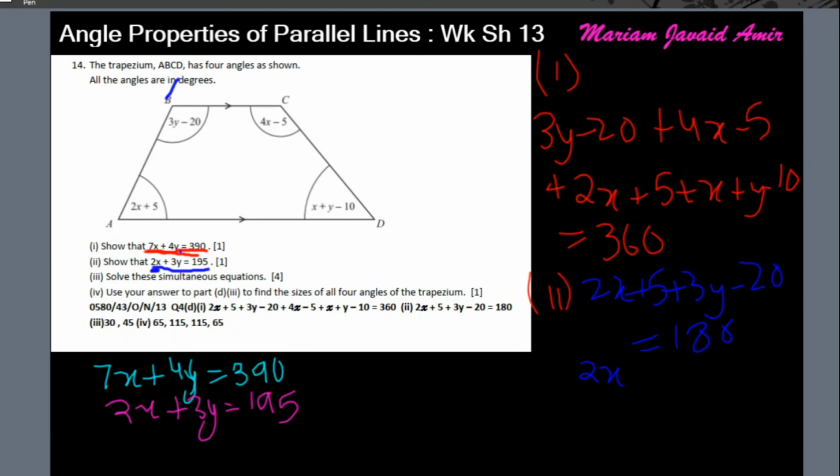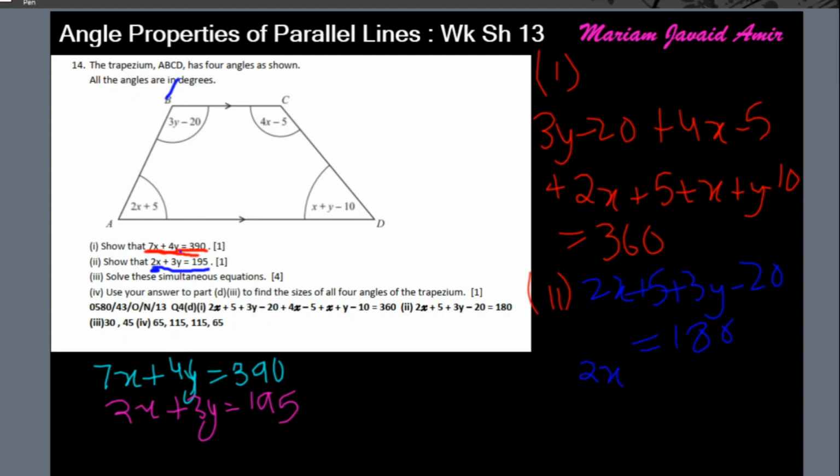Okay, so our aim is to either make 7x and 2x into the same number with different signs, so that once added x will get eliminated, or somehow change 4y and 3y into the same number with opposite signs, so that once these two equations are added, y gets eliminated.